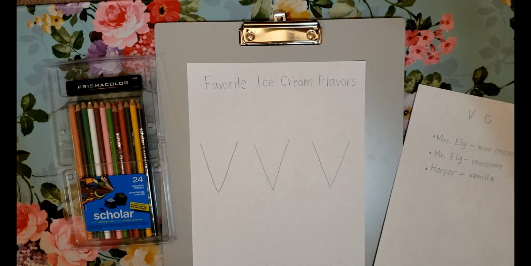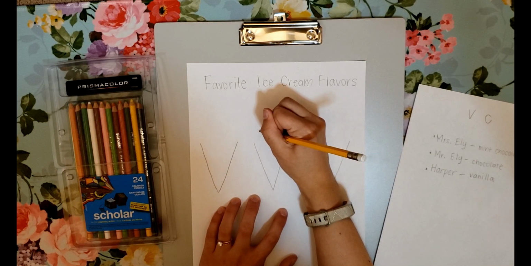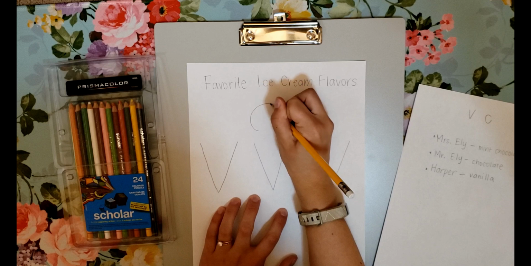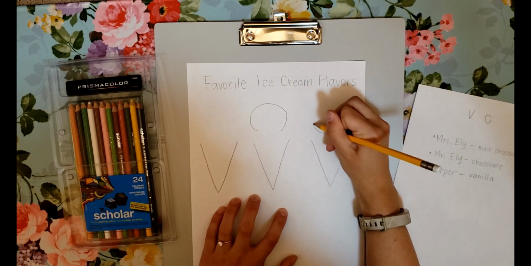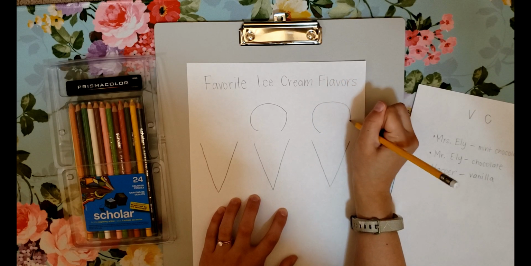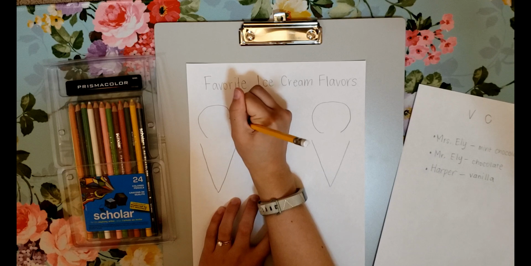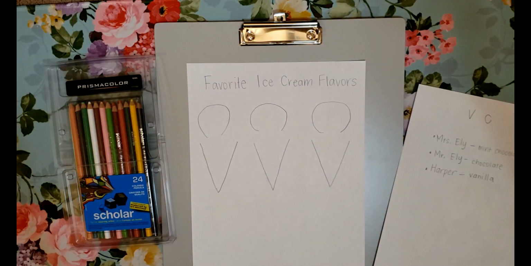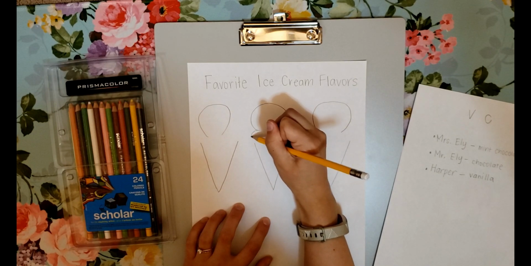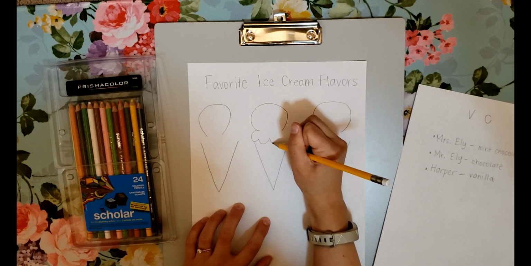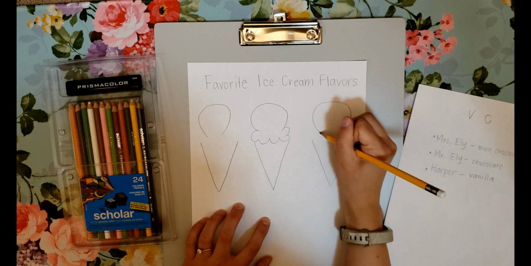Alright, so there's the cones. Now I'm going to add my ice cream to them. So on top of each cone, I'm going to draw a little C. It doesn't have to be perfect. And then I'm going to draw some more little C's to finish off my ice cream cones.